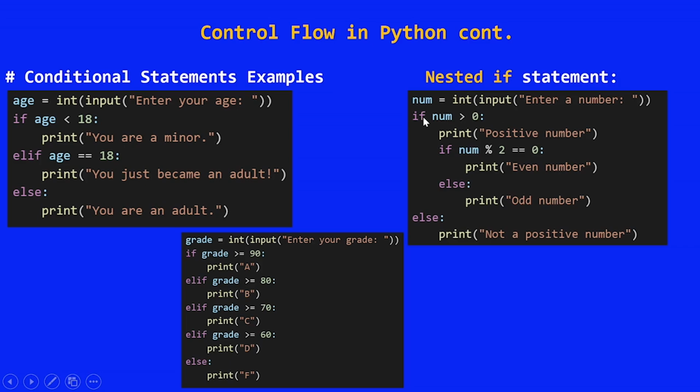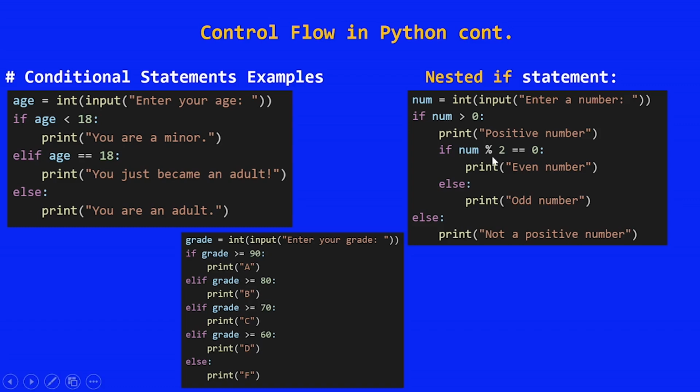And we want to test the condition. If num is greater than 0, it means the user entered a number greater than 0, then we need the program to give us the result that the number is positive. And we want to test if the number given by the user was an even number.